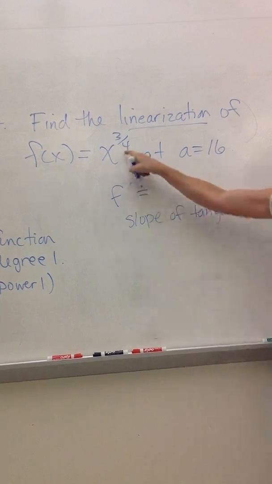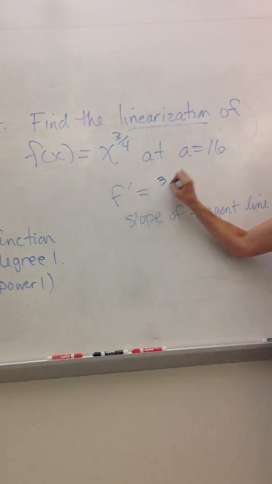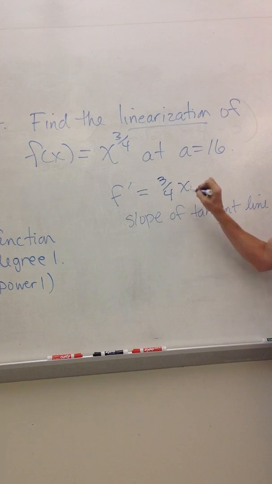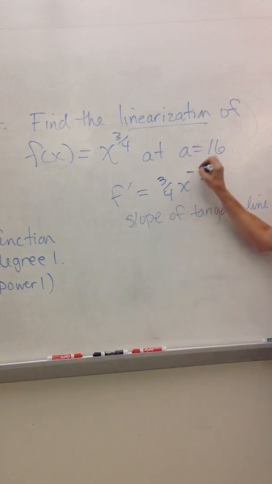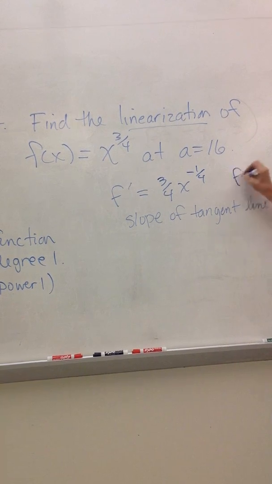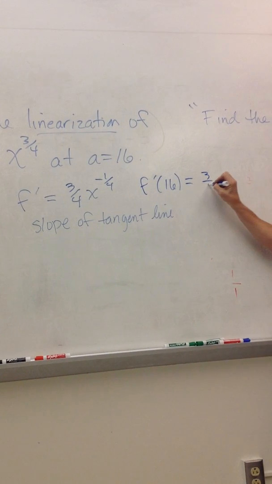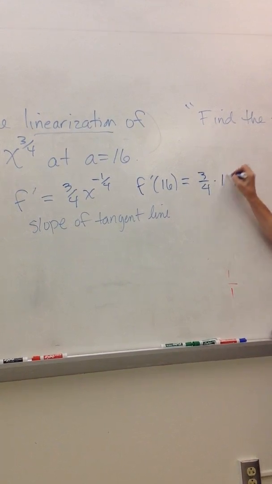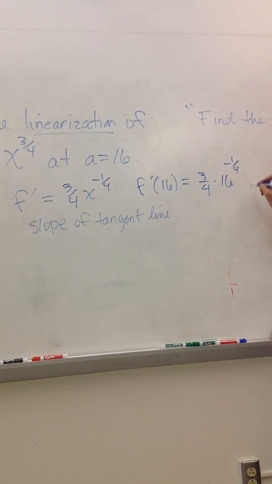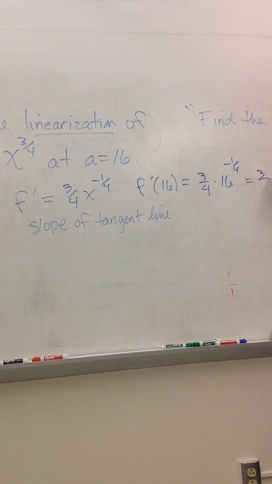In this case, we'll do the power rule, so I'll multiply by 3/4, and then I will subtract 1, giving negative 1/4. And then we want to plug 16 in. So 3/4 times 16 to the minus 1/4. And negative means reciprocal.